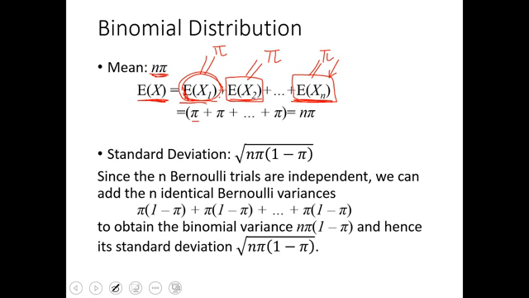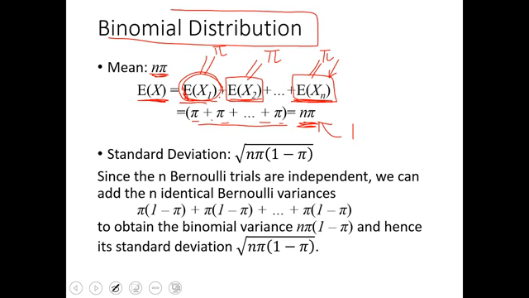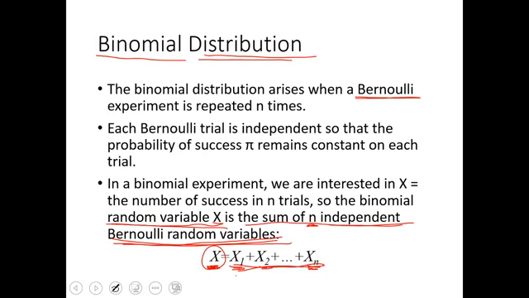So we have pi, n times. So we have n pi for the binomial distribution. The binomial distribution has mean n pi because it is defined as the sum of Bernoulli random variables.